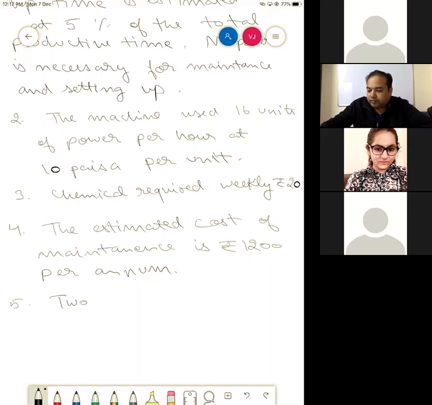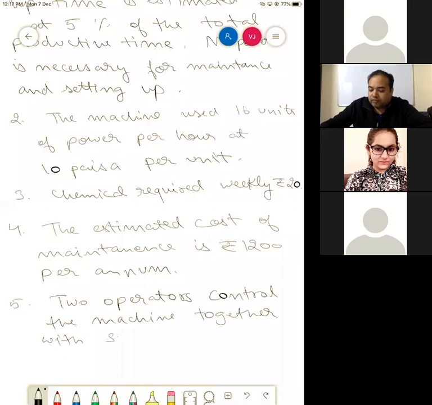Next, two operators. Operators are those people who control the machine. Two operators control the machine together with 6 other identical machines in the shop.